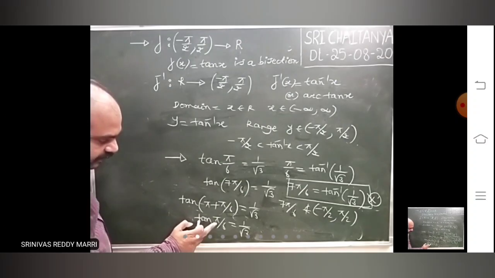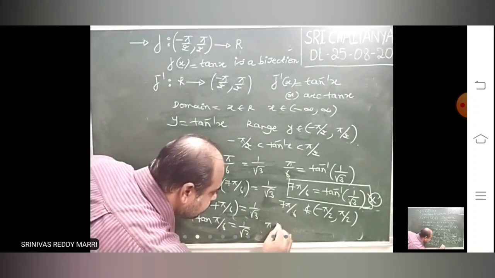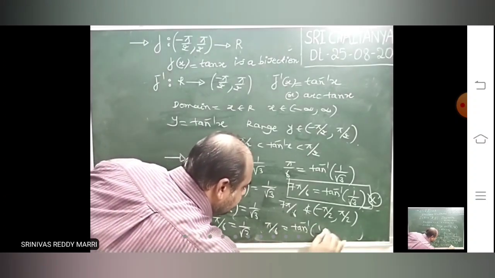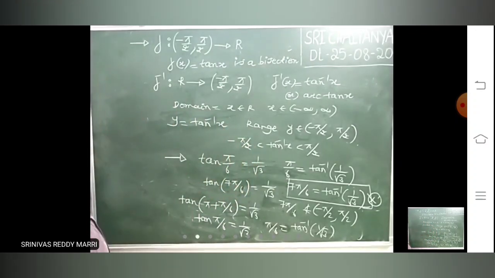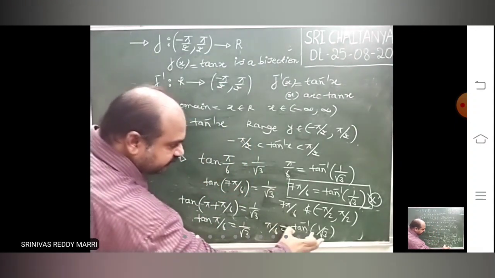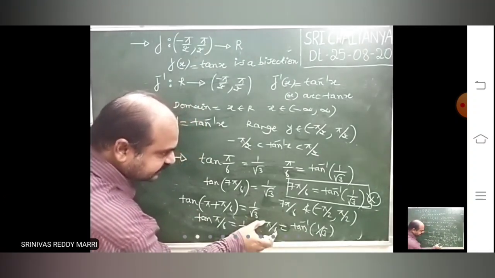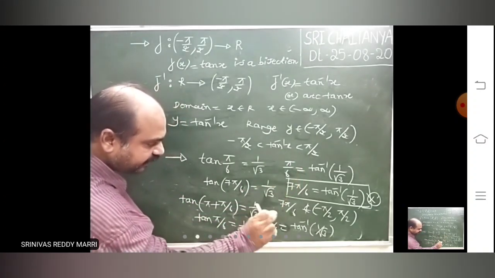Now you can write pi by 6 is tan inverse 1 by root 3. That means tan inverse 1 by root 3 is pi by 6, and this pi by 6 is lying between minus pi by 2 to pi by 2. Simple.